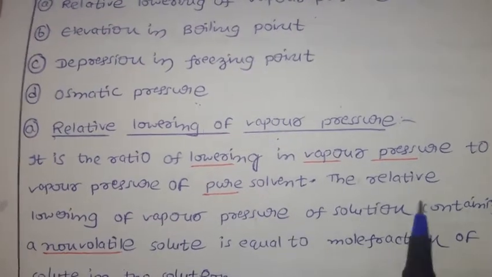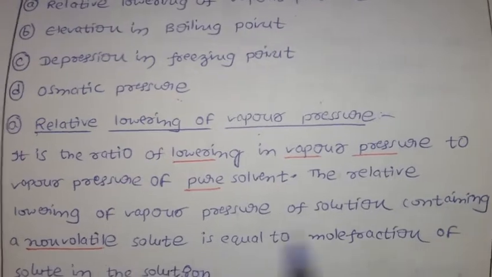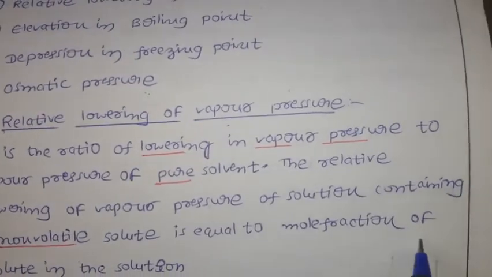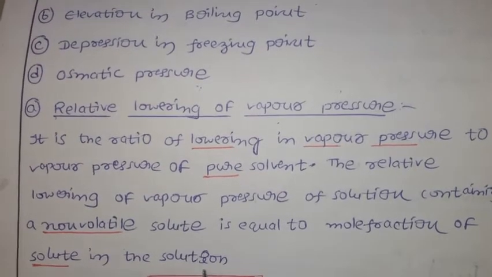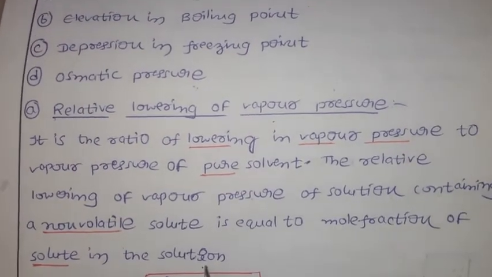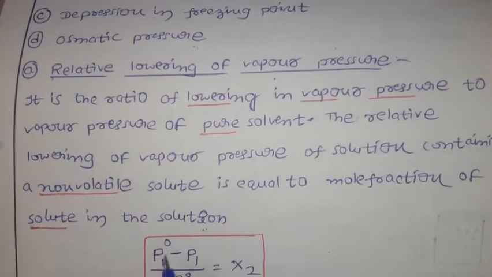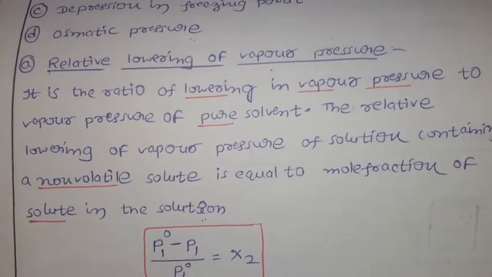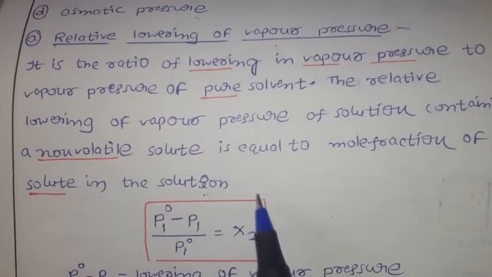The relative lowering of vapor pressure of a solution containing a non-volatile solute is equal to the mole fraction of the solute in the solution. Mathematically, (P1 naught minus P1) divided by P1 naught equals X2. This is the expression for the relative lowering of vapor pressure.